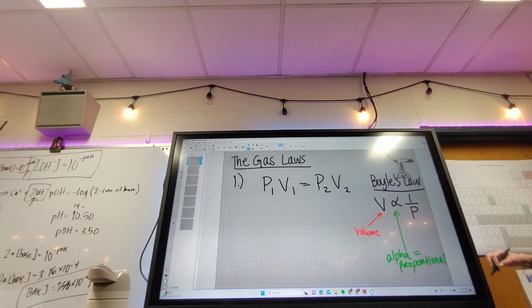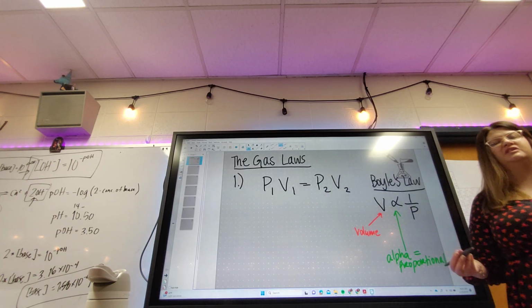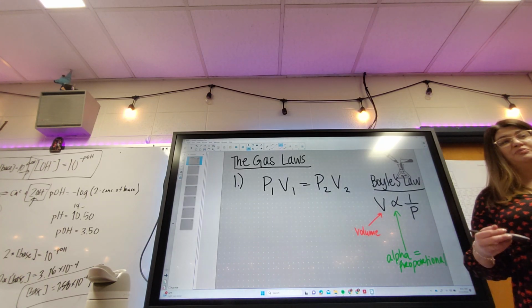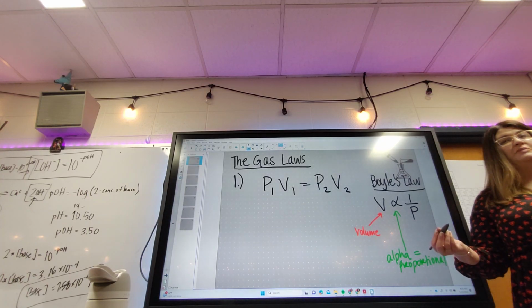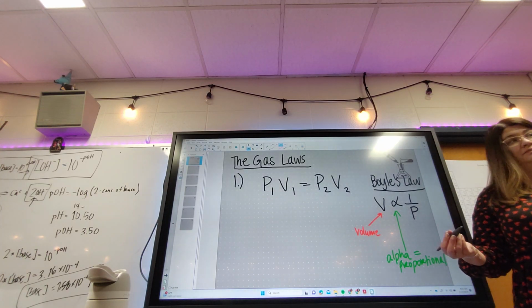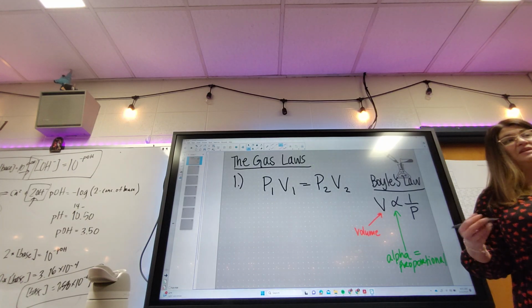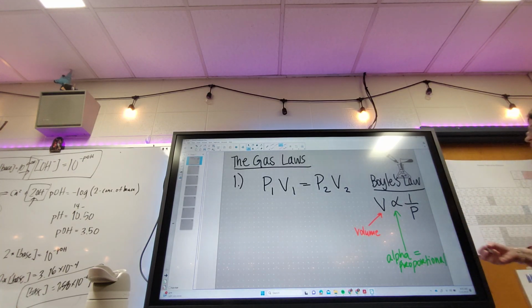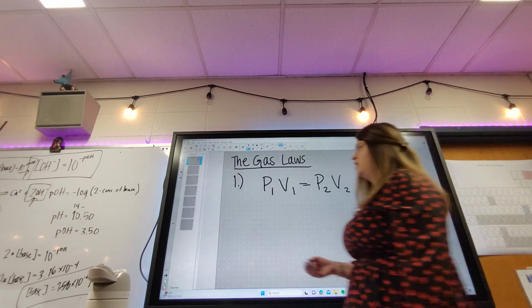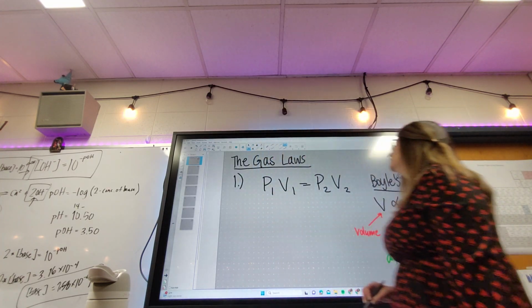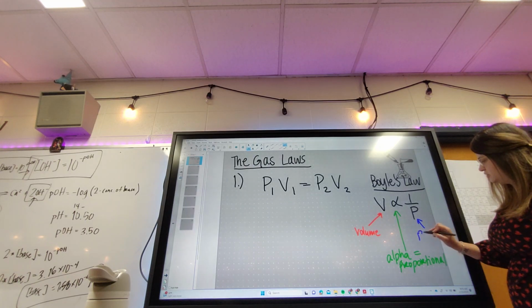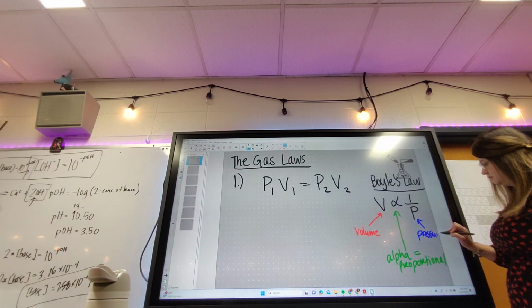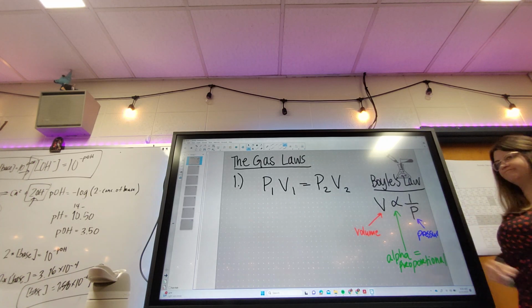Something that would be inversely proportional in real life: as the price of gas per gallon goes up, people tend to drive less, because it costs more to go places. Okay, so what does this mean? P stands for pressure.